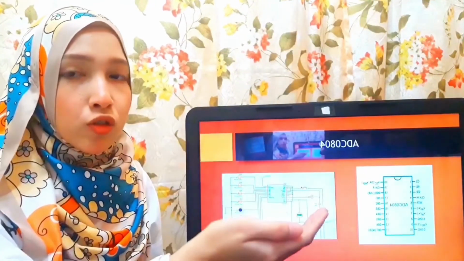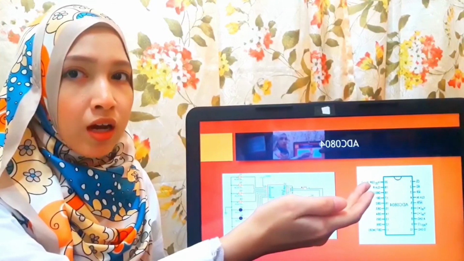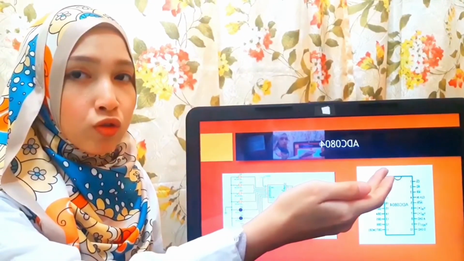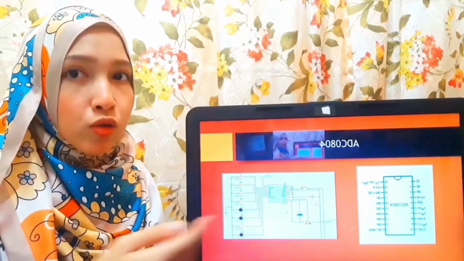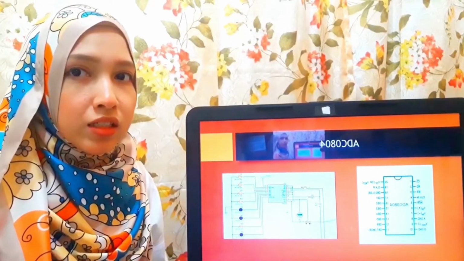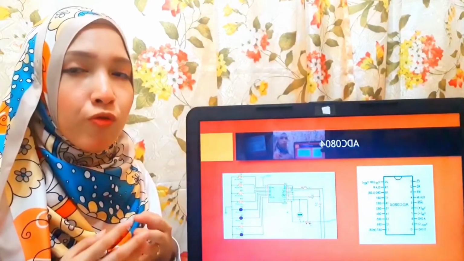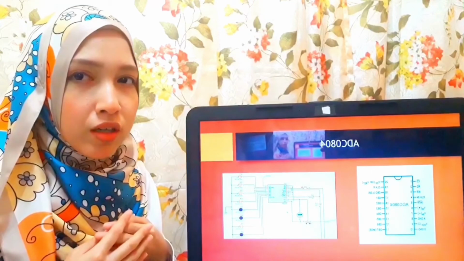The reference voltage can be internally adjusted to convert a small analog voltage span to 8-bit resolution. The voltage VREF/2 at pin 9 of the ADC 0804 can be internally adjusted to convert a small input voltage span to full 8-bit resolution.